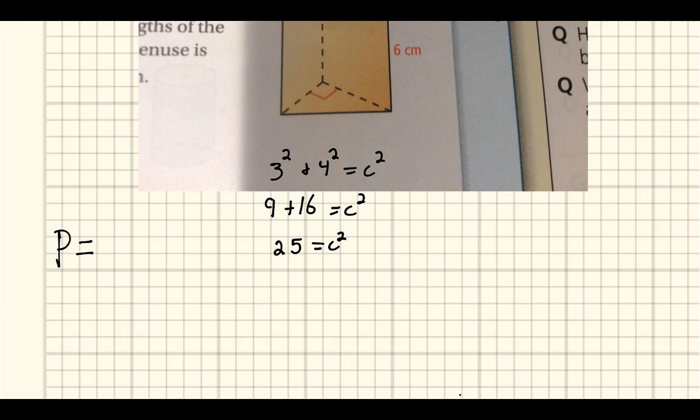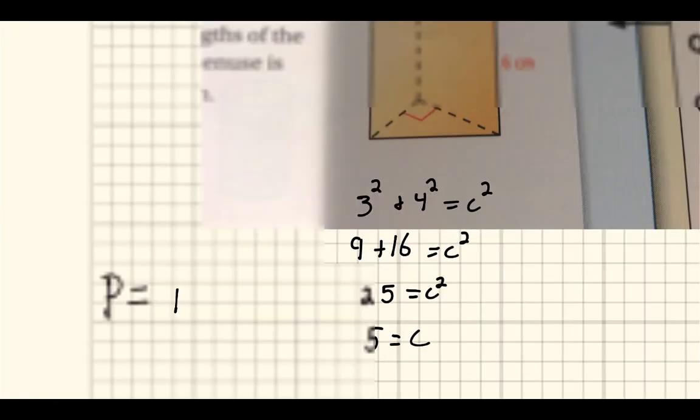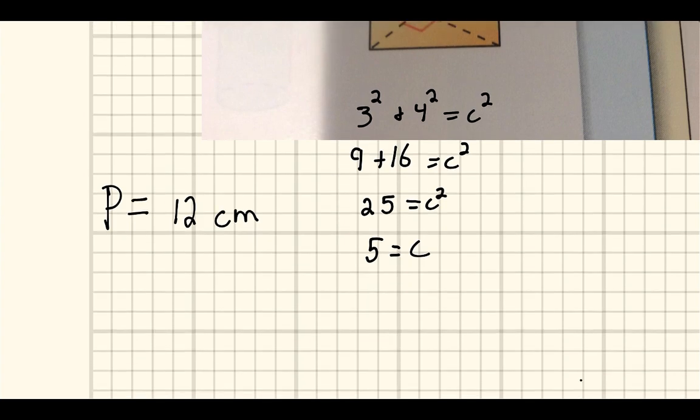Taking the square root of both sides, 5 is equal to c. So this distance here is 5 centimeters, which makes the perimeter 3 plus 4 is 7, plus another 5. The perimeter should be 12 centimeters.